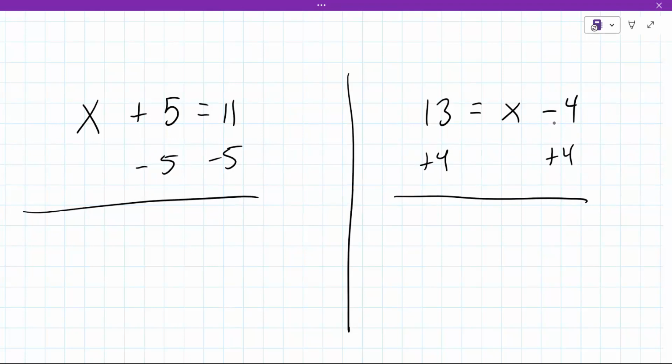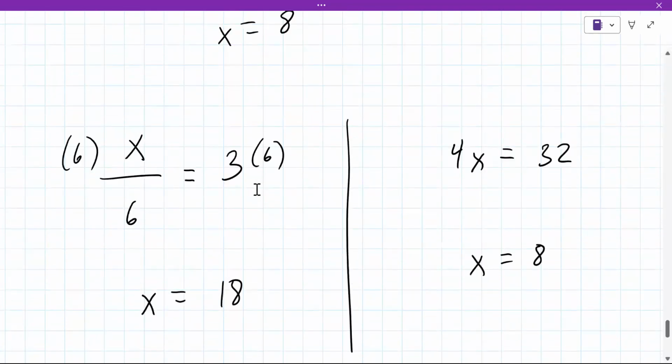What's the difference between this and the one we just did? I can't tell. Let's go back and look. See, there's division here, and here there's multiplication.